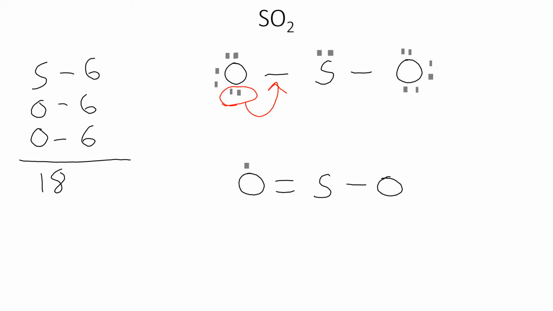Remember, everything else in the molecule is going to be the same except for that change that I made. So still having 3 lone pairs on that oxygen on the right. So the only change that I made is what I showed in red. I took that lone pair from the oxygen and went in and made another bond between the sulfur and the oxygen. And we just made a bunch of changes.